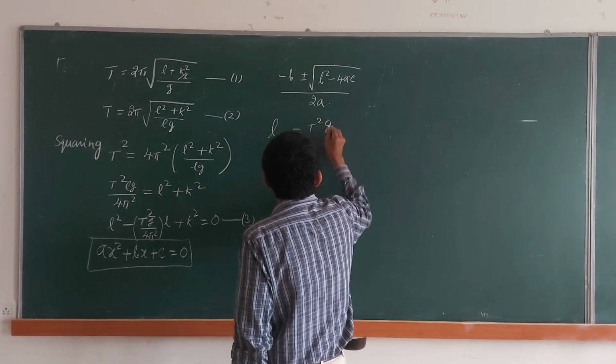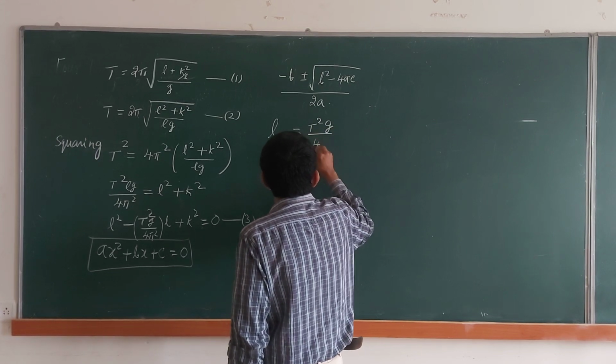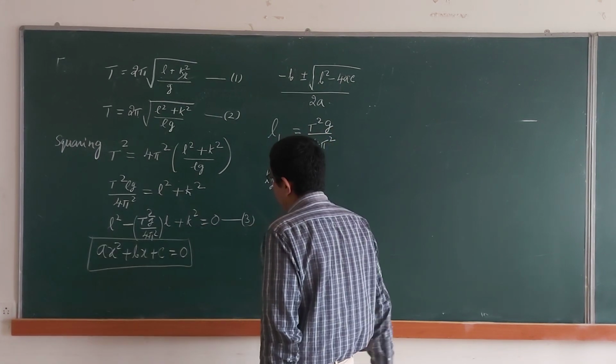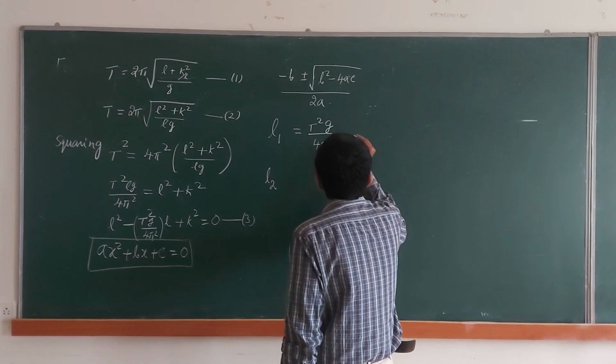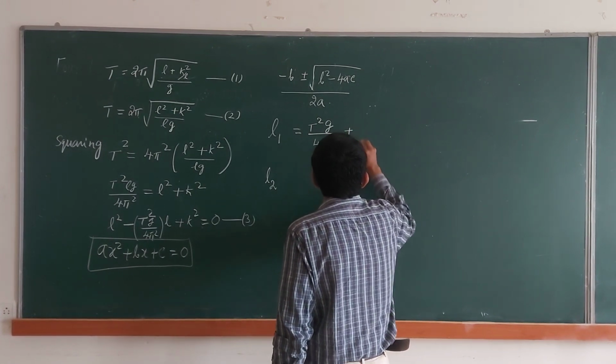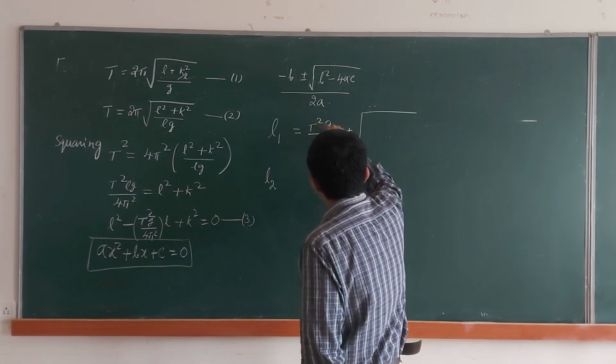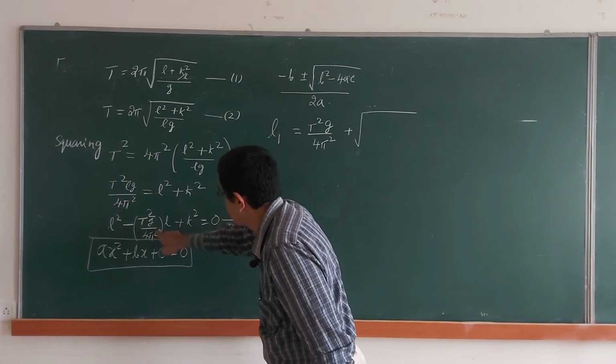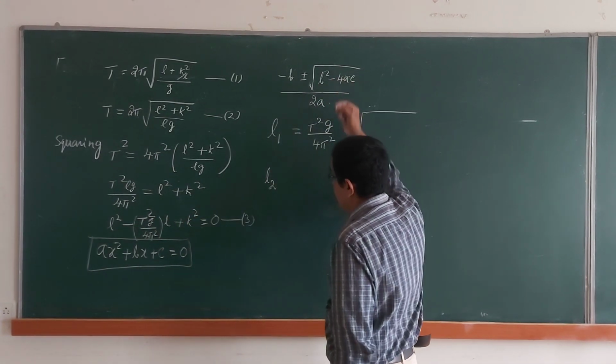Therefore, T square G divided by 4 pi square plus the square root of, you square this b. What is the value of b? B is equal to T square G by 4 pi square, you are squaring that.